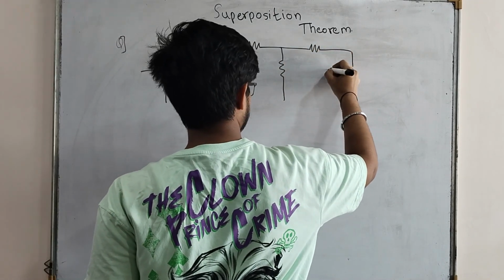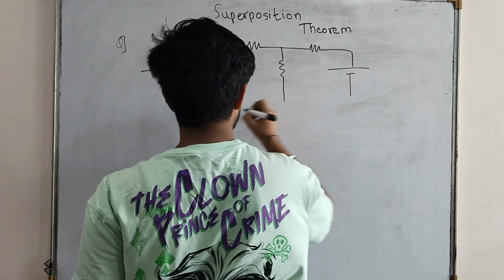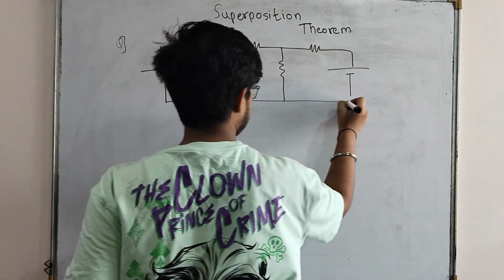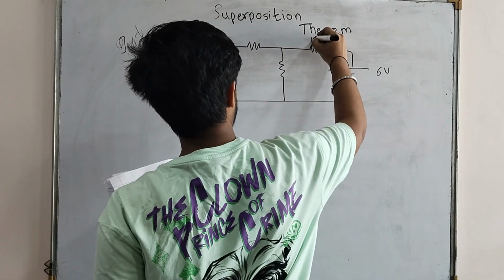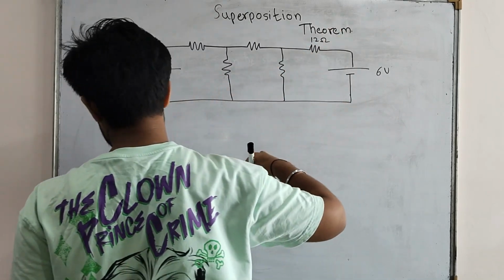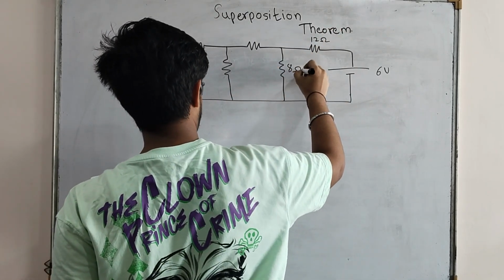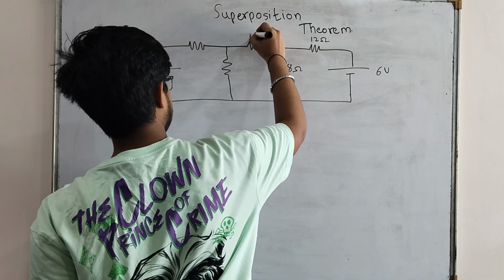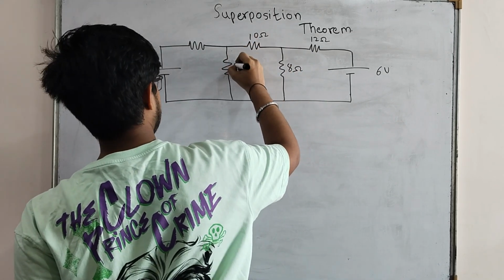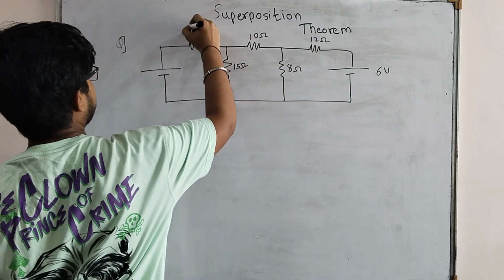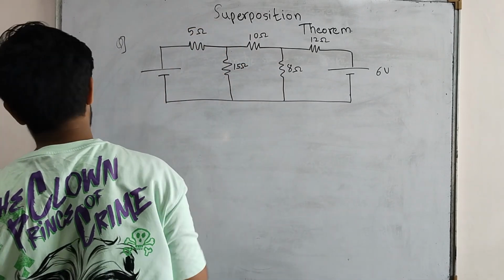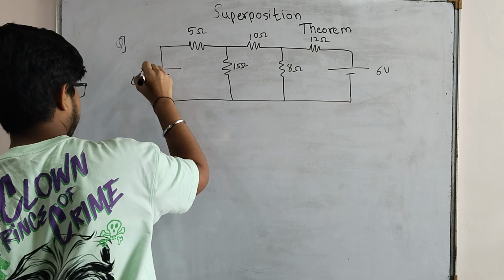Now there is again one more voltage source in this circuit. This is 6 volts, 12 ohm, 8 ohm, 10 ohm, 15 ohm, 5 ohm and 4 volts.